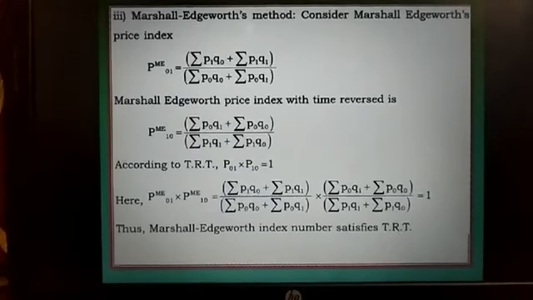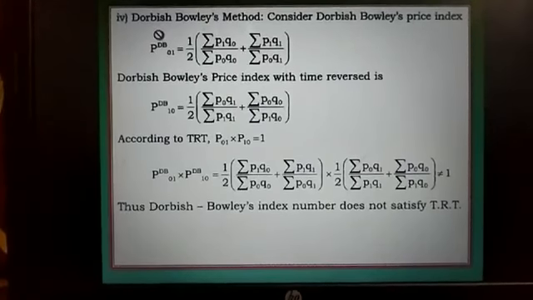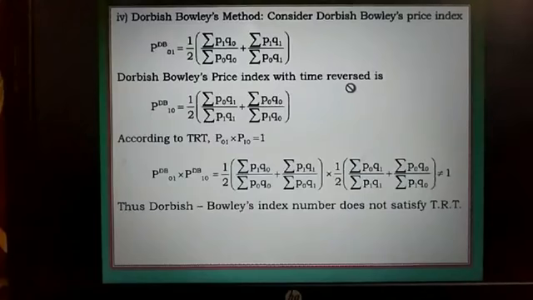Next index number we shall consider is Dorbish-Bowley's. Same way, first you write Dorbish-Bowley's index number, and after that reverse the time and write it as P10, and consider P01 multiplied by P10 is equal to 1, as usual, how we have done for the previous index numbers.